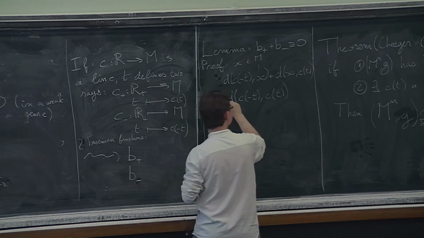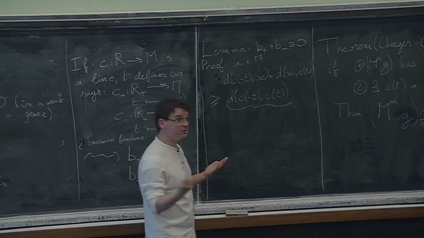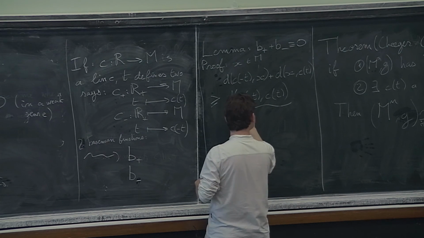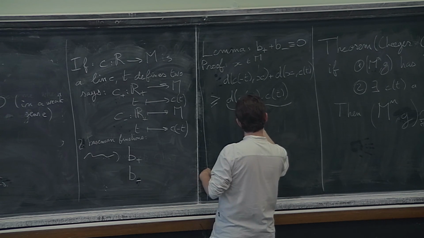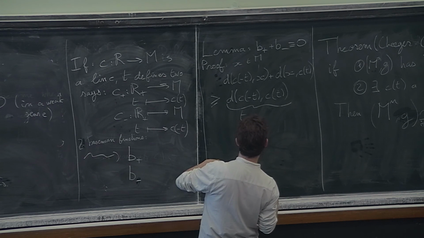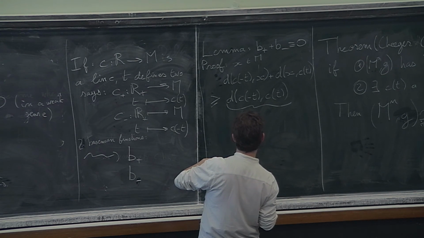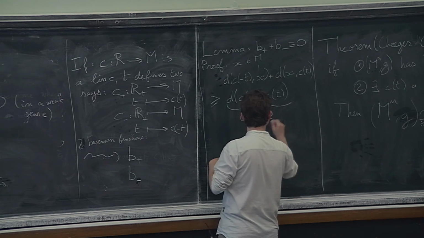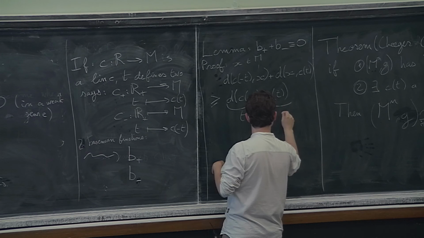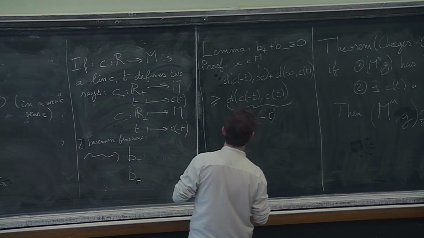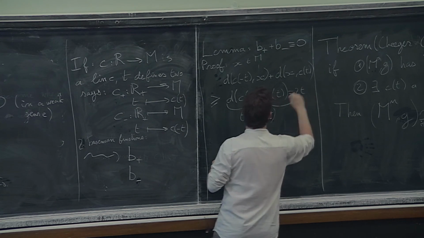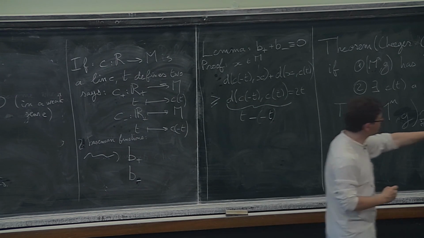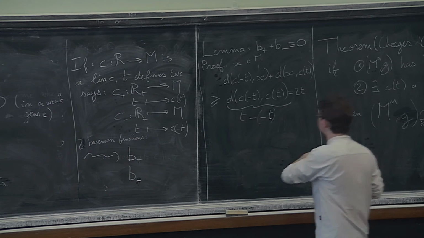And so by definition of a line, this is, am I missing something? Minus t. Yeah, so that's 2t. Now I will have some function b plus t and b minus t.